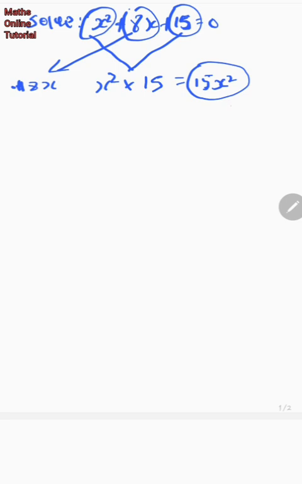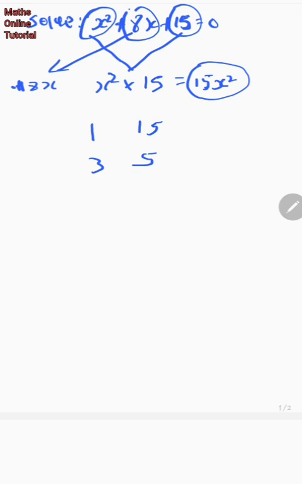The first set of numbers are 1 and 15, because 1 times 15 is 15. The other one is 3 and 5, because 3 times 5 is 15.